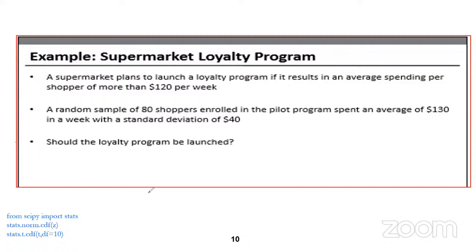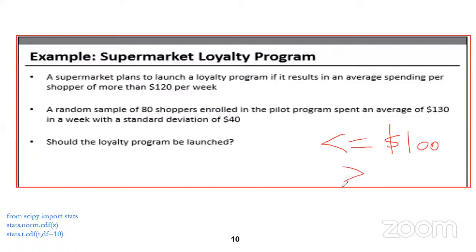Now, if your purchase is less than or equal to, suppose, $100, assume, okay. If your purchase is less than or equal to $100, then there is no point giving a discount to you. Otherwise, that shopkeeper will be in a loss.